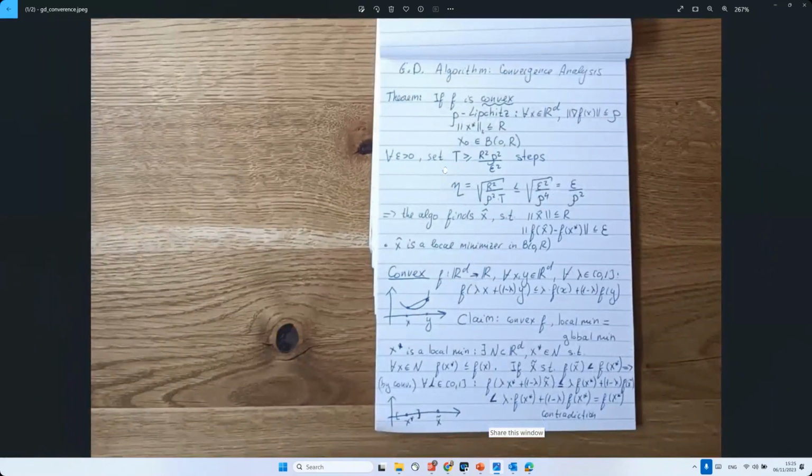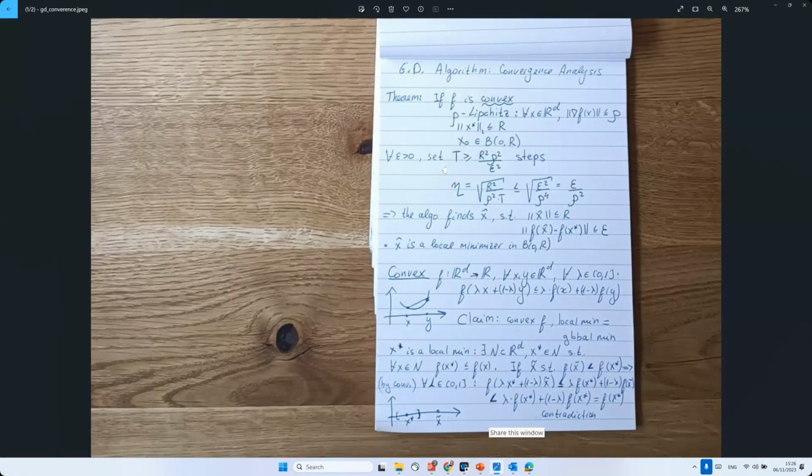So how can we prove that for convex functions, a local minimum is also a global minimum? It's a very nice and short proof. So let me start proving it. Let x star be some local minimum, some point such that we know it is a local minimum. And we want to show that this local minimum is also a global minimum. What does it mean that x star is a local minimum?